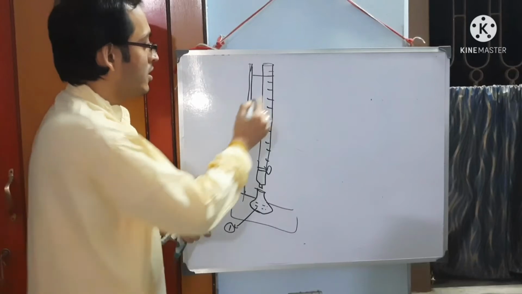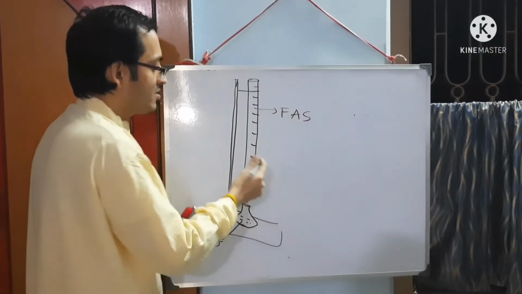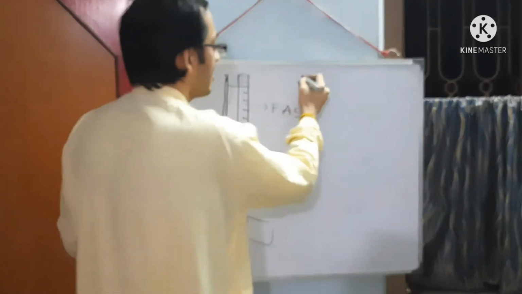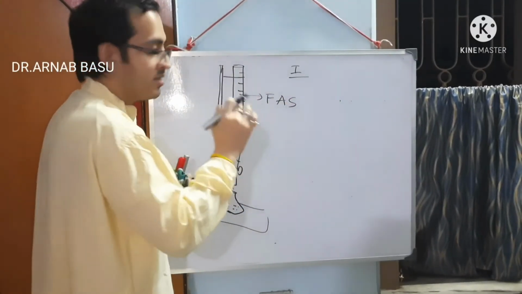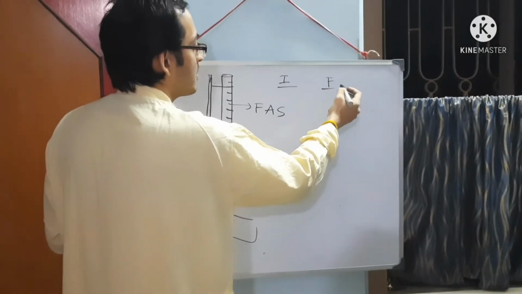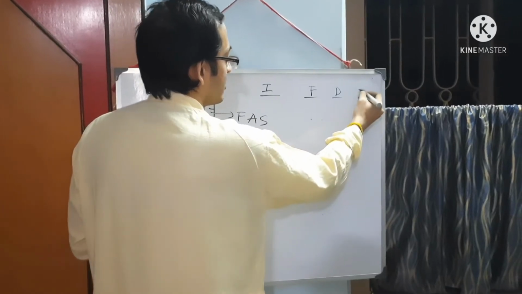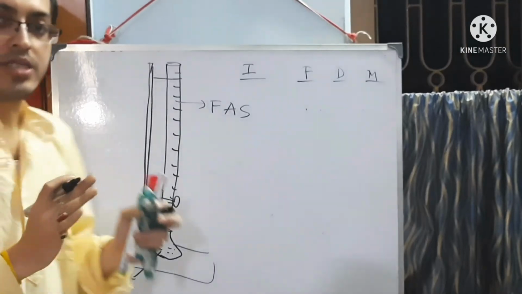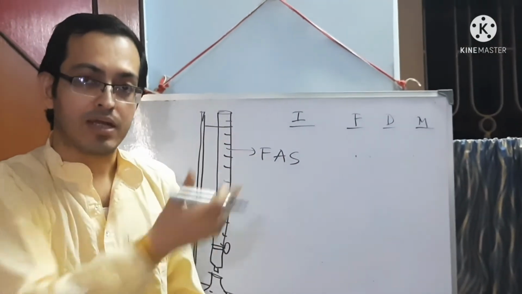We already put FAS in this burette, and the initial burette reading is taken, and this is the final burette reading, and this is the difference, and this is the mean. So there are two titrations, one for the sample, another for the blank.